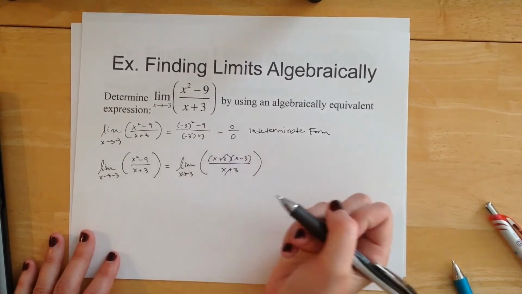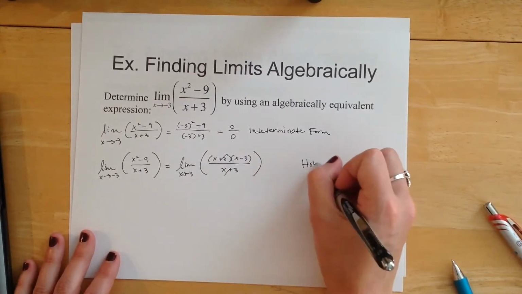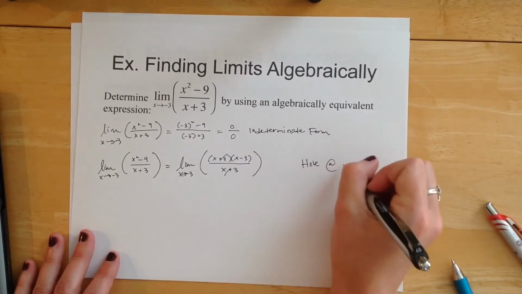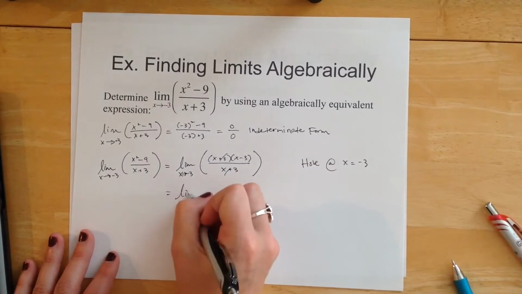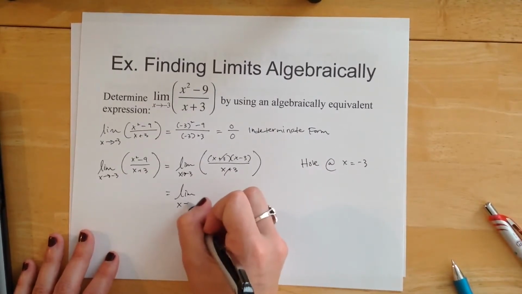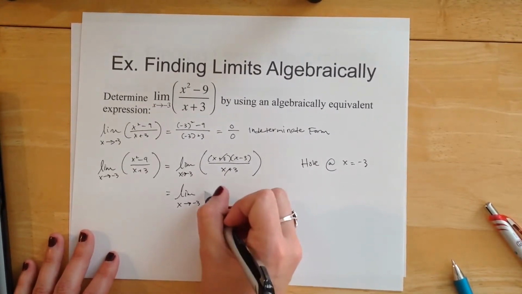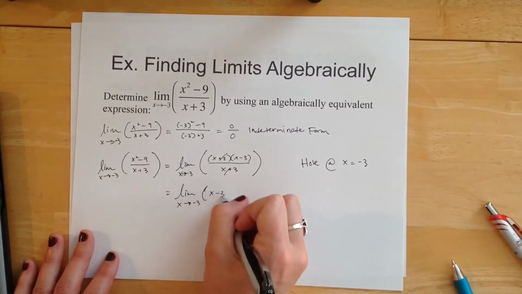So the x plus 3's will cancel. That means there's a hole in the graph at x equals negative 3. So this is equivalent to the limit as x approaches negative 3 of x minus 3.